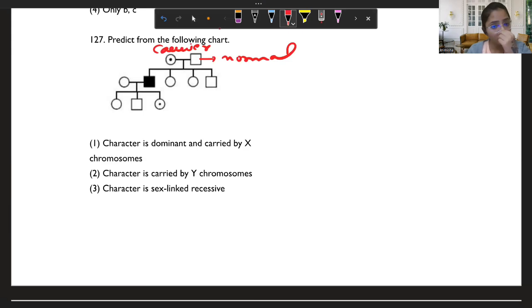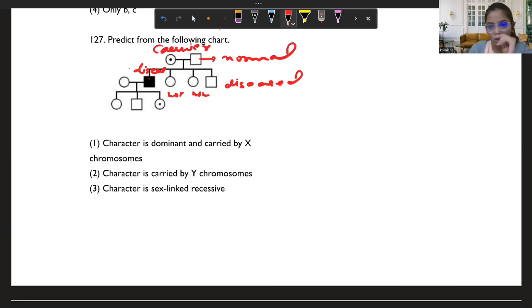From the carrier female, it is passing on to a male. Here this male is diseased, female is normal, another female is also normal, another male is diseased. It means that here the female is a carrier, and from her to another female, here the female is a carrier.